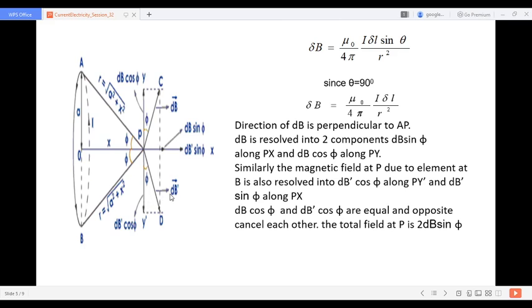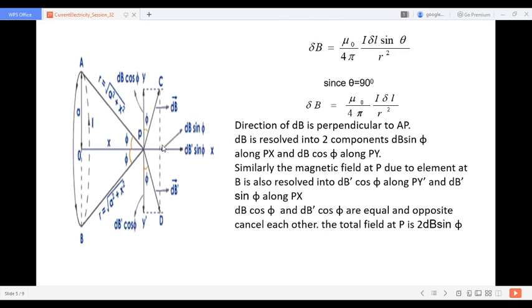So dB dash is resolved into two components, that is dB dash cos phi along PY dash and dB dash sin phi along PX. Here dB cos phi and dB dash cos phi are equal and opposite to one another. So they cancel one another.